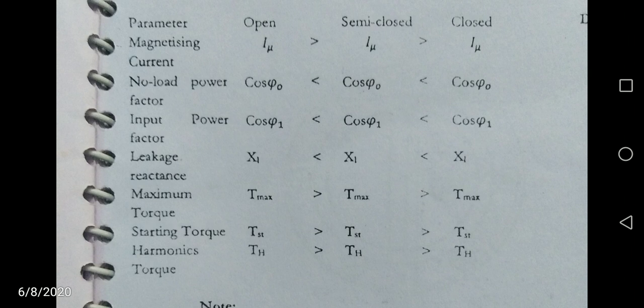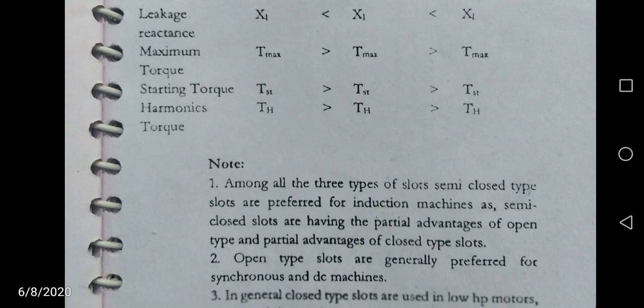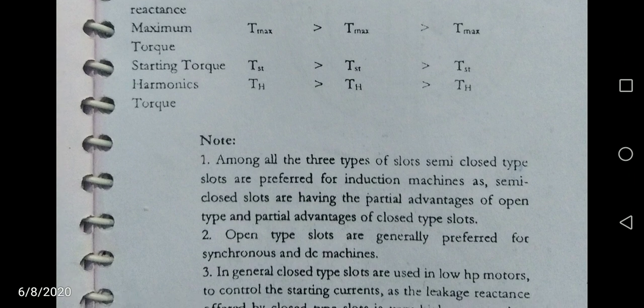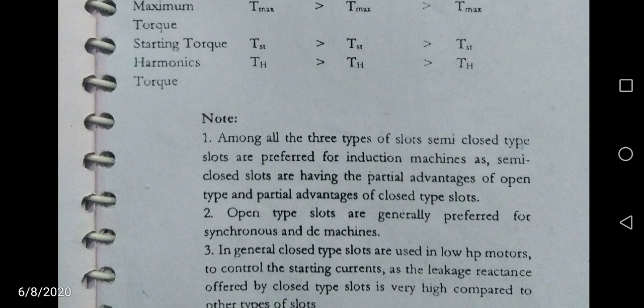So we use the semi-closed slots. Among all three types of slot, semi-closed slots are preferred for induction machines. Semi-closed slots have the partial advantage of open type and partial advantage of closed type slots.